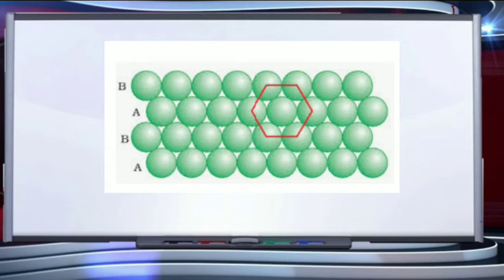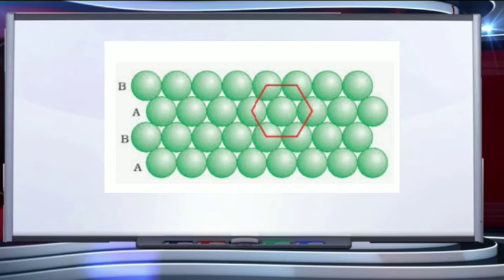In this arrangement, there is less free space, and that's why this packing is more efficient than the square close packing. So here a question can be asked: why is hexagonal close packing in 2D more efficient than square close packing arrangement in 2 dimensions? The reason is clear, we can easily answer.